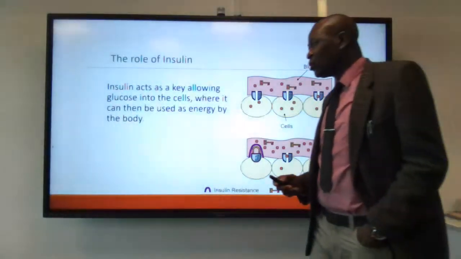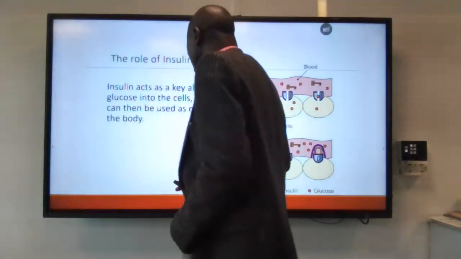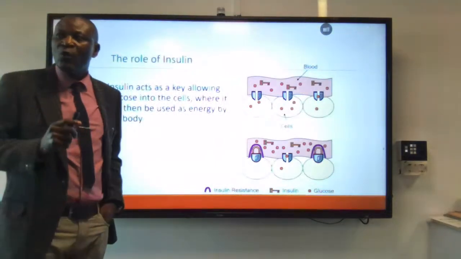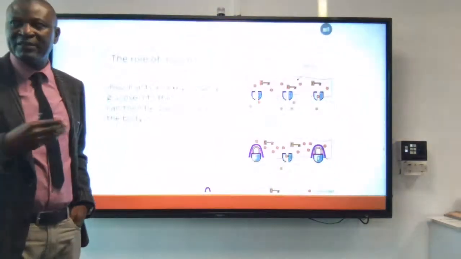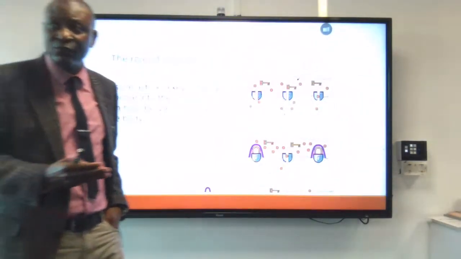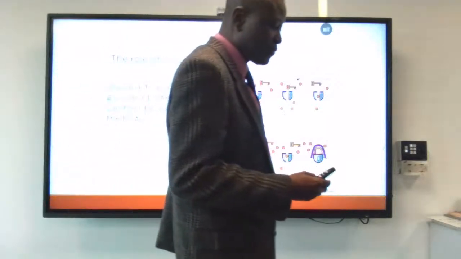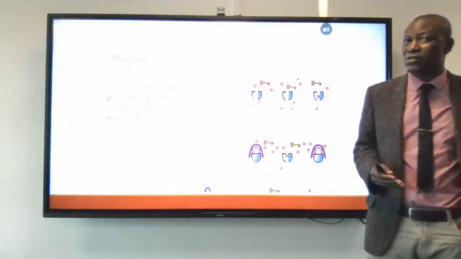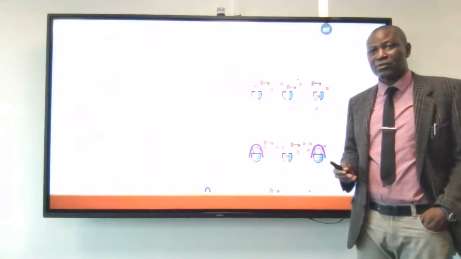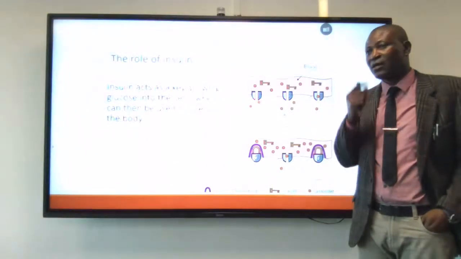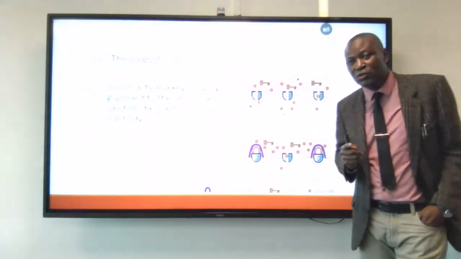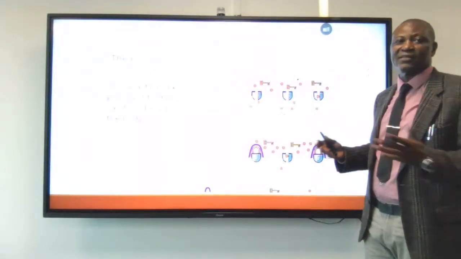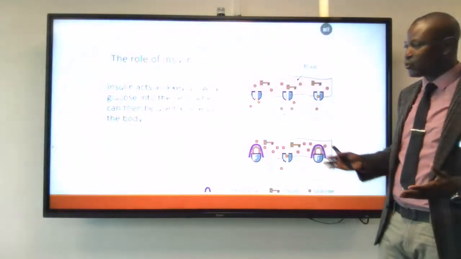So in terms of the role of glucose and insulin, when we eat our carbohydrates, like any other food, the end product of carbohydrate, our rice, bread, and so on, is glucose after digestion. Obviously when we eat, after the digestion, the final product goes into the bloodstream.